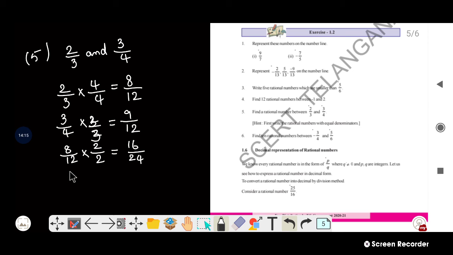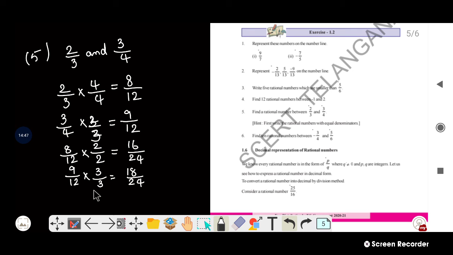And one more number 9/12 is there, na? 9/12 is multiplied with 3/3. So 18/24. Now what is the rational number? 2/3 and 3/4. In between, I want to find the rational number. Okay.